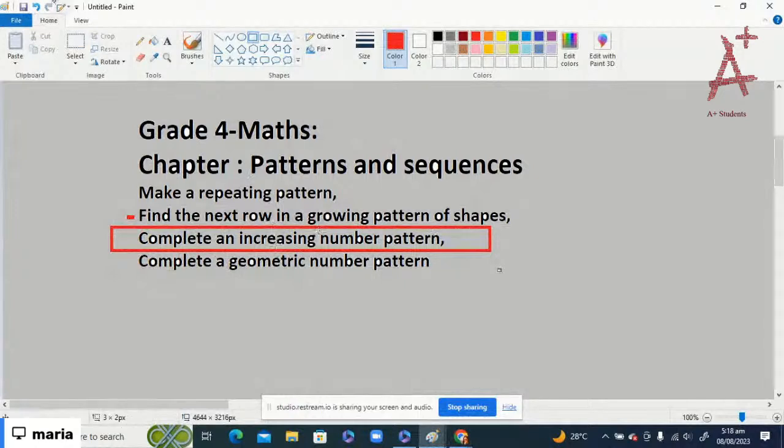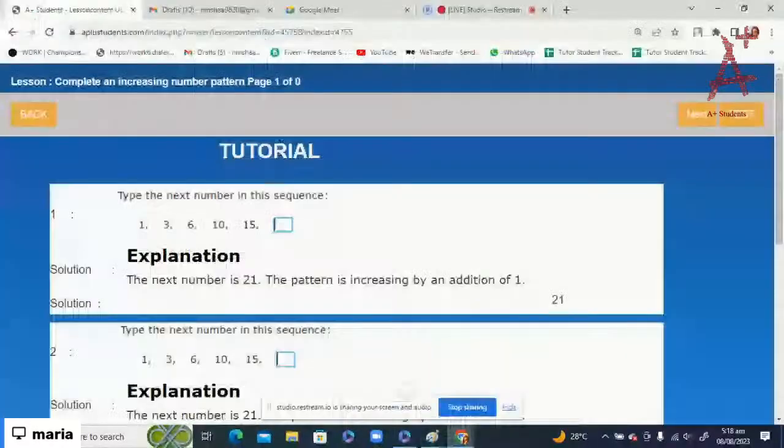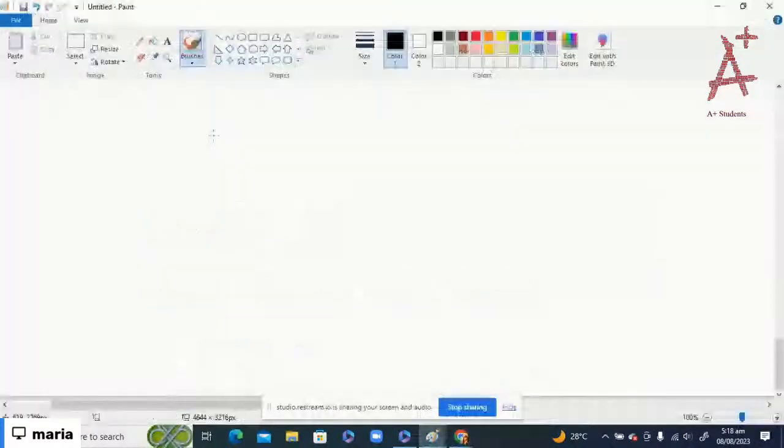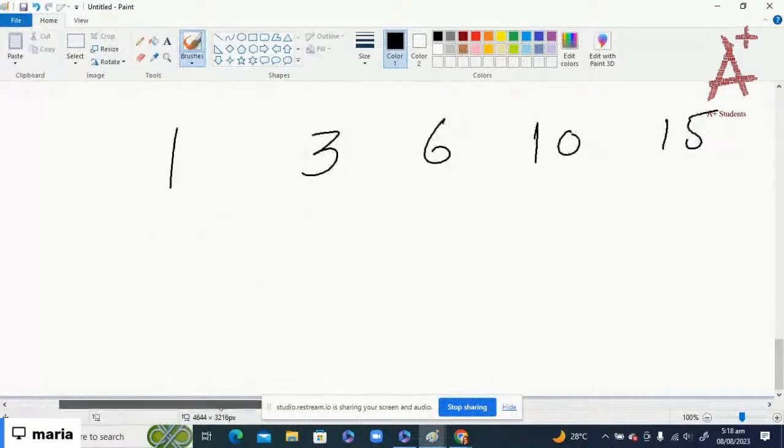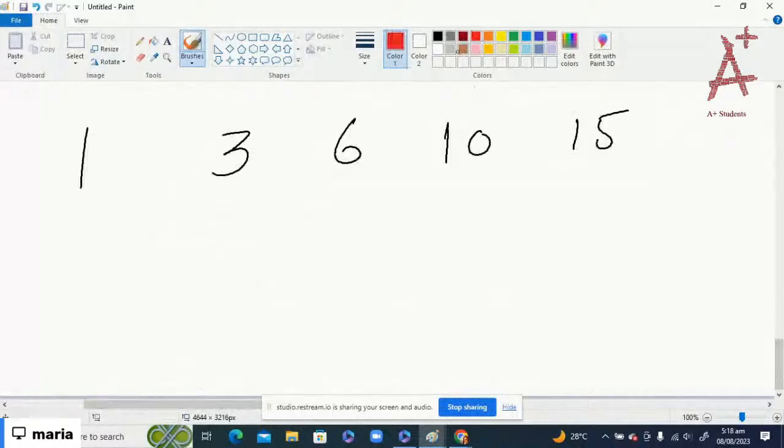Okay, let's start. Wait, my screen got stuck. The next number in the sequence. First, we write the sequence 1, 3, 6, 10, 15. Here are the numbers.